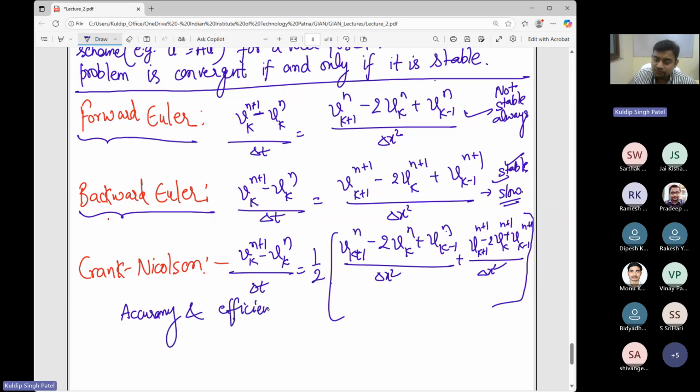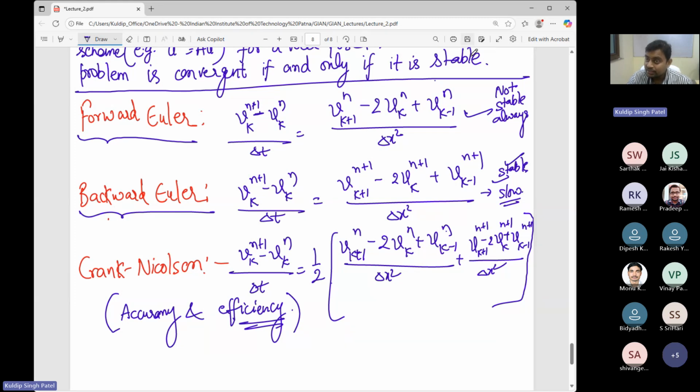It's not like, oh, it is giving you an accurate solution, but it is taking 2 days. It does not make sense. How fast and efficient your algorithm is, that is also important. Whenever you are developing any numerical method, it should be accurate and efficient, meaning fast enough to provide you the solution.